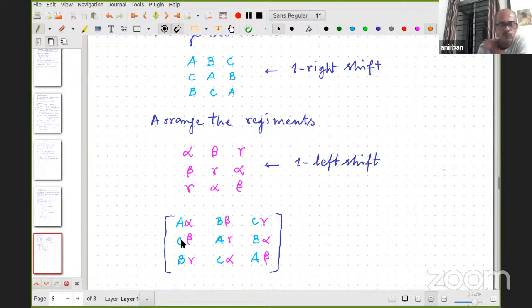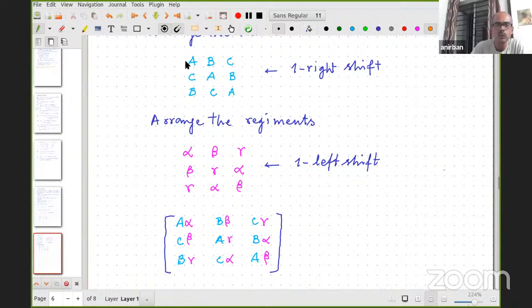When we put them together, every combination appears exactly once. There are 9 combinations, and each combination appeared exactly once. So these two are mutually orthogonal.